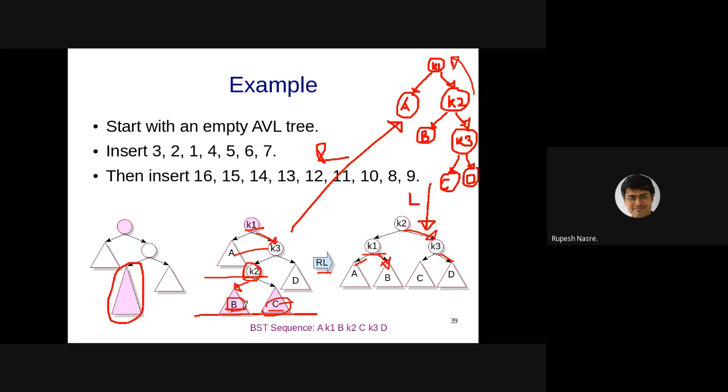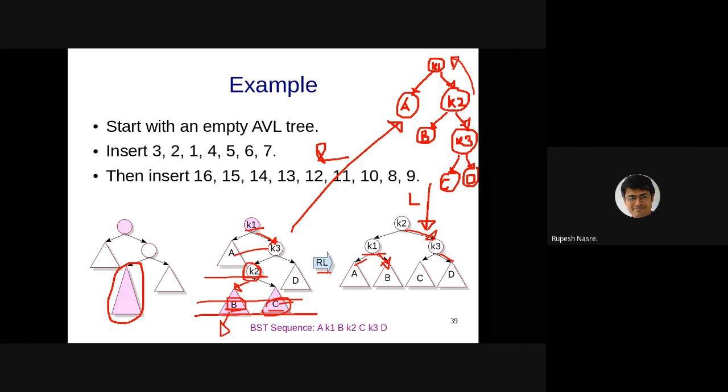No, sorry, we'll have to go 2 levels down. So B and C can be one level as such, and then we are adding a new node inside B. That is one possibility. Another possibility is A could be at the same level as B's and C's roots. In that case, B and C can go further below, and then within B, I am adding a new node.